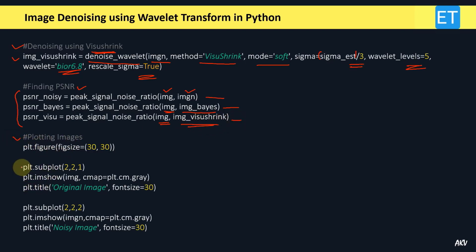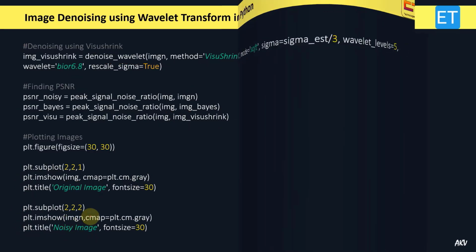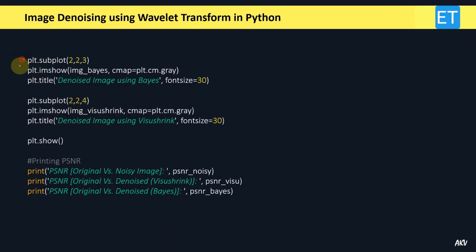And these are some plotting commands. I'm using the subplot of the matplotlib library, and here I am plotting my original image, that is img, and the color map uses gray. Here I am plotting my noisy image, which is imgn, and here I am plotting my denoised image which I get from the Bayes method, that was img_bayes.